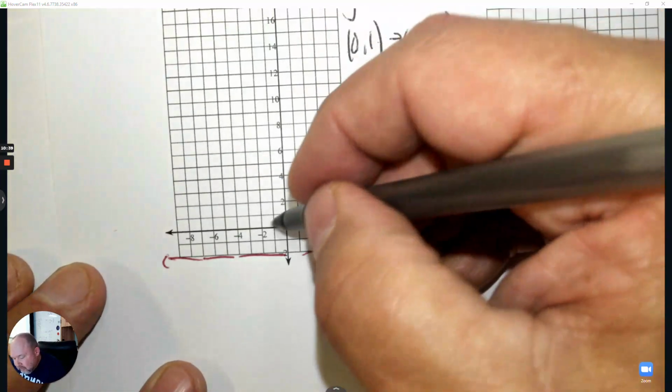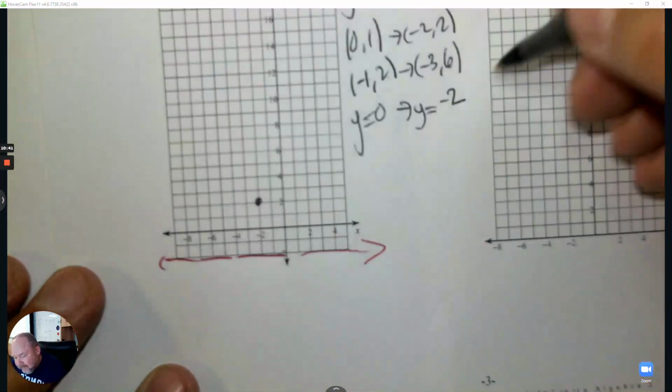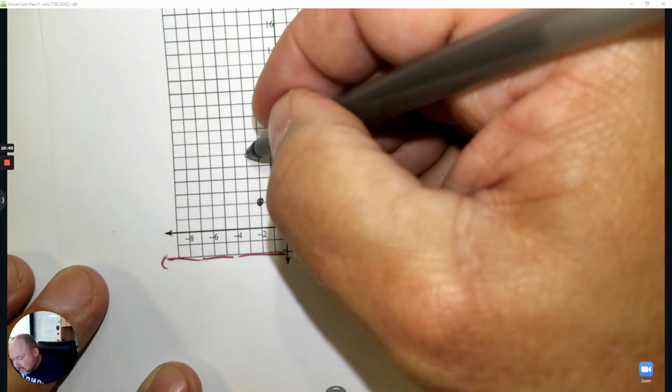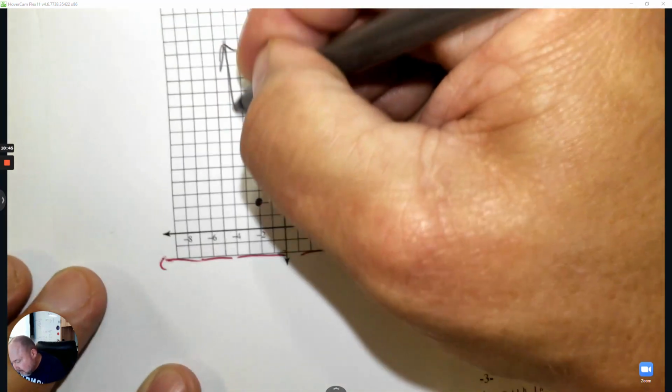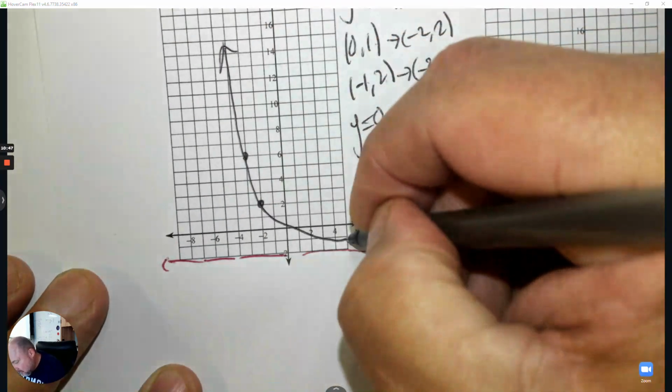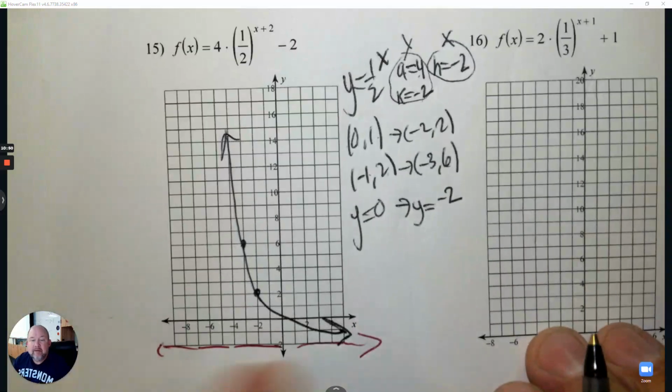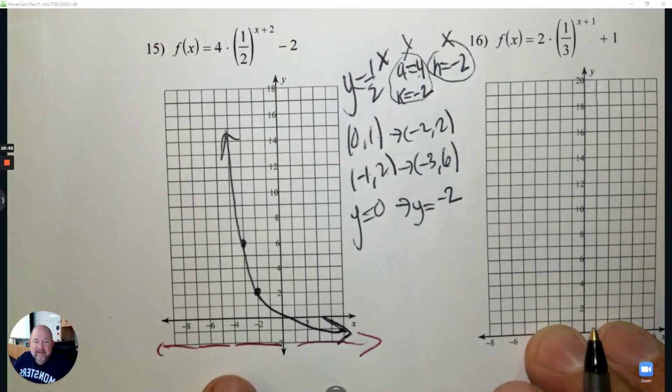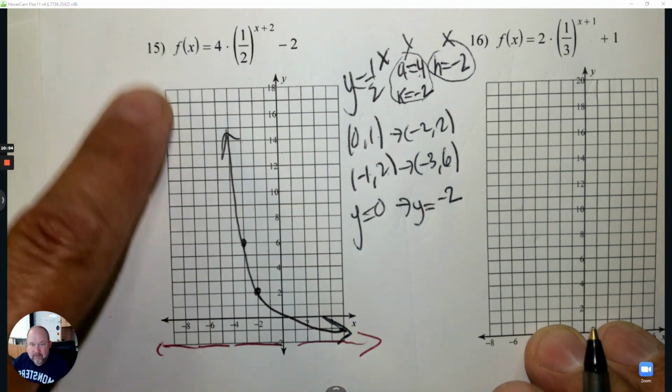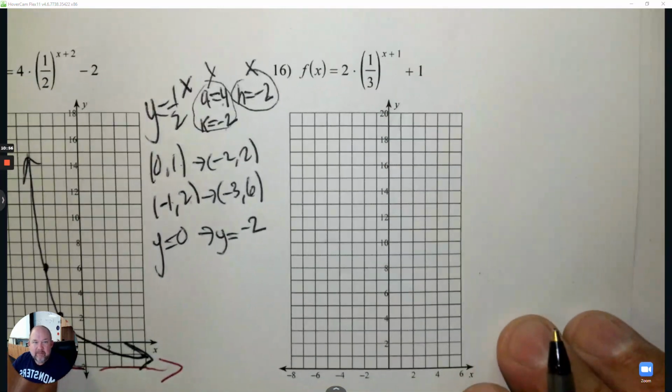And then negative 2, 2. And negative 3, 6. And recognize it's shifted to the left and down with this. But there's your graph. All right, last one here.